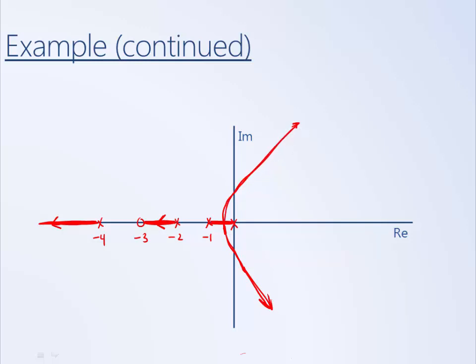So in general, we will know between which 2 poles we have a breakout, or between which 2 zeros we have a break-in, but we won't necessarily know the exact location. So it's not necessarily the case that the breakout point is at 0.5. The breakout point isn't necessarily halfway between the 2 poles.